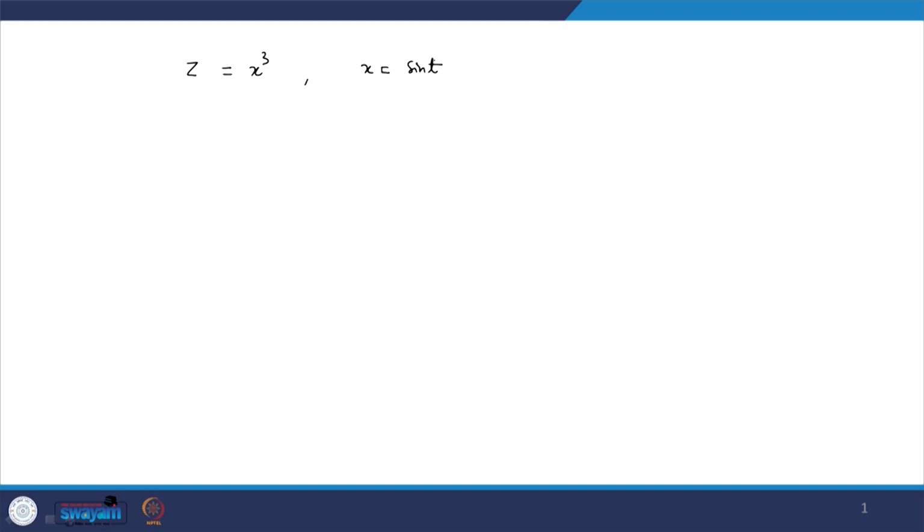If you want to compute dz by dt, this is equal to dz by dx into dx by dt by the chain rule. dz by dx is 3x square, into dx by dt, which is cos t.